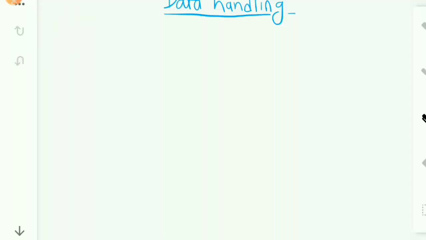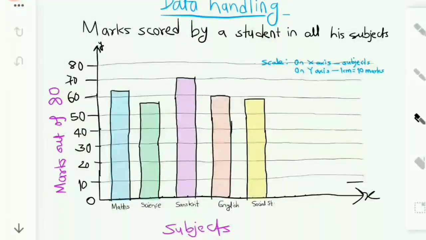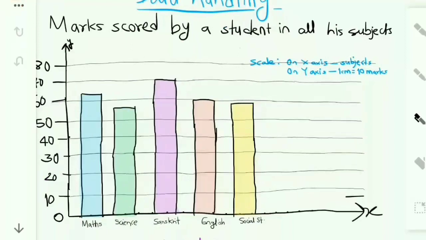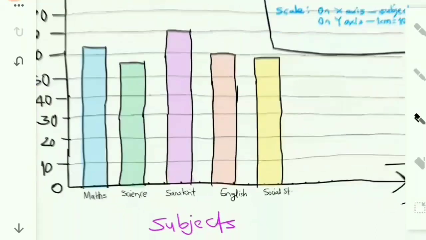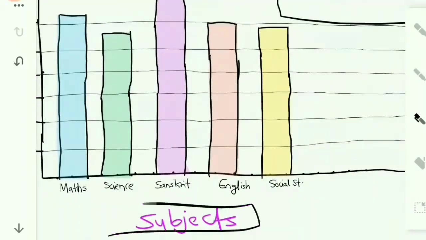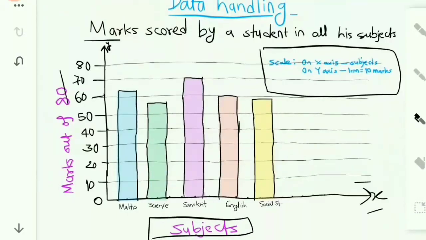You have learnt in last class how to draw bar graphs and represent information like marks obtained by a particular student in all subjects. In this way, we write scale on right hand side top. We write x and y axis here, and we write what quantities are represented by x and y axis by their sides.